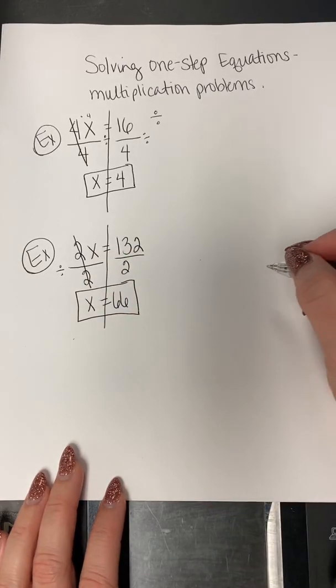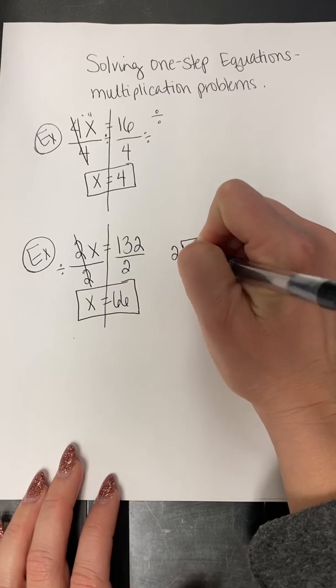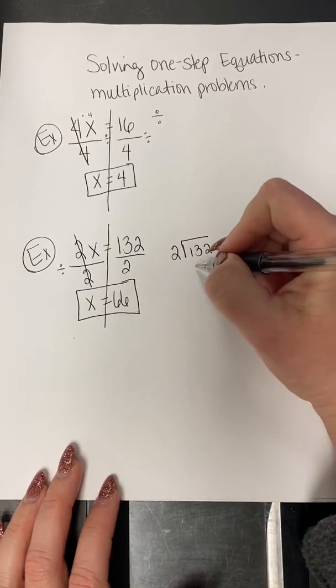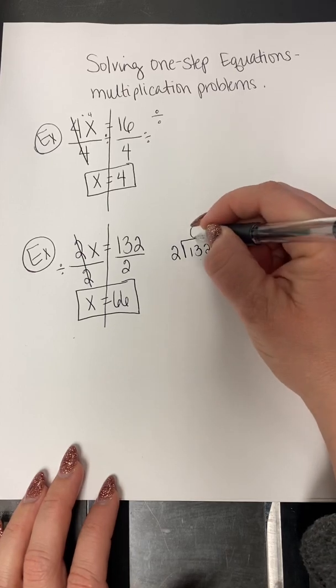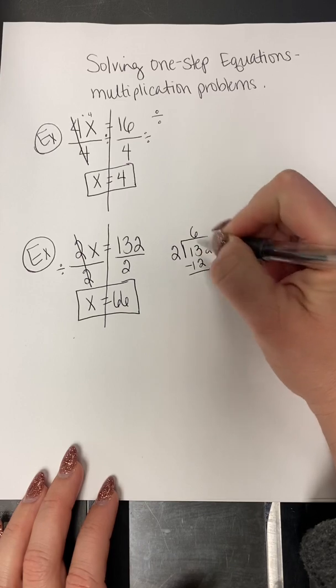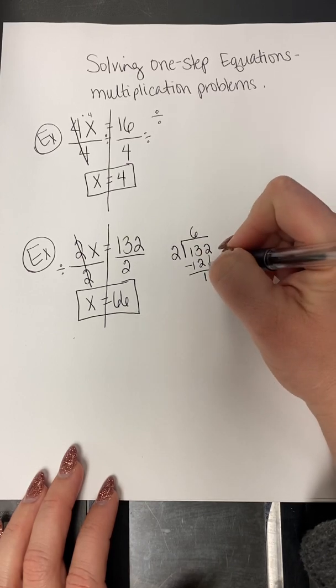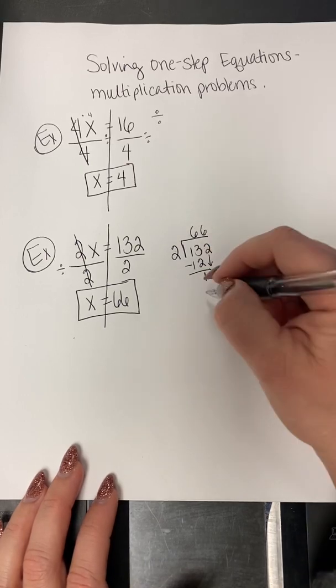Okay, let's check it this way. 2 into 132. 2 can't go into 1, but it can go into 13 6 times. 6 times 2 is 12. Subtract, get 1. Bring down our 2. 2 goes into 12 6 times.